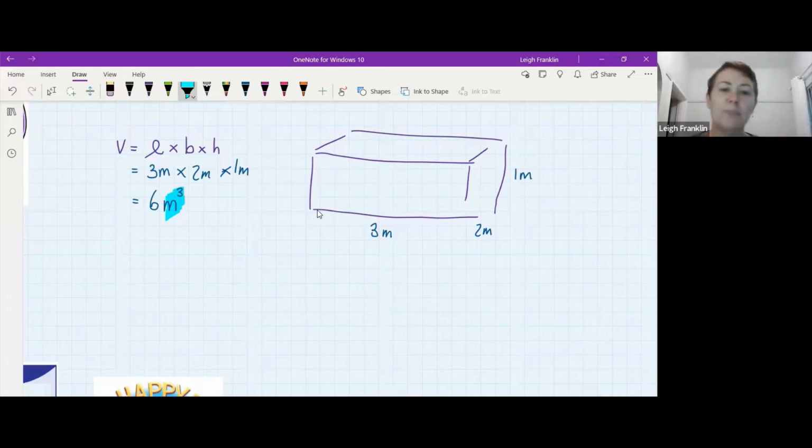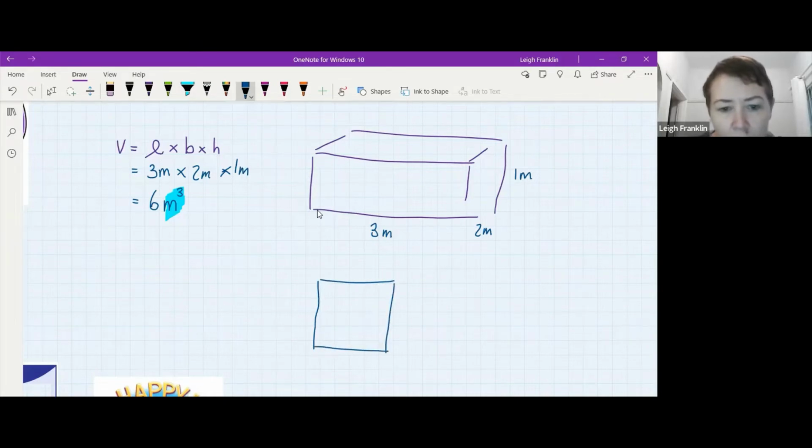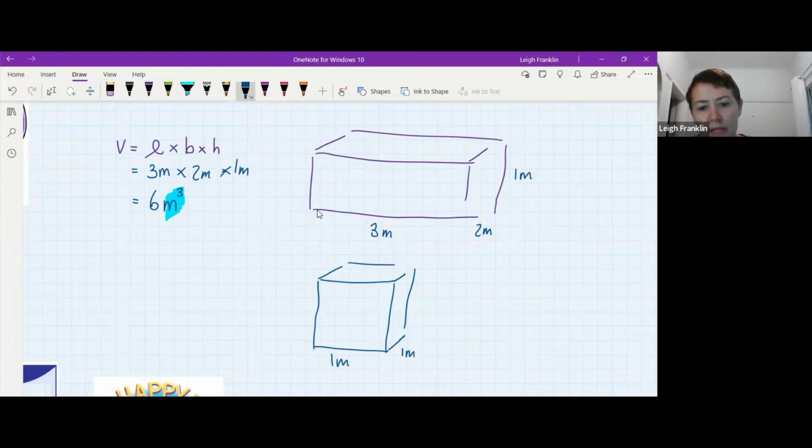All right, but let's pretend my fish tank isn't a cuboid. Let's pretend that my fish tank actually looks like this. If I looked at one side of it, it would be a perfect square. So let's pretend my fish tank is 1 meter by 1 meter by 1 meter.